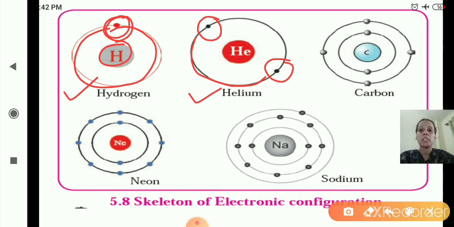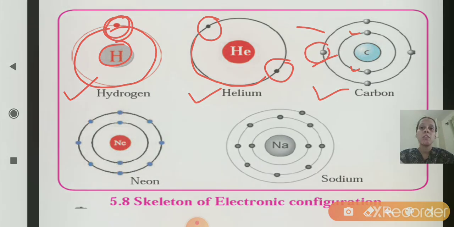Now the next one is carbon. Yes, in the carbon, as you can see here, this is the first shell, this is K shell and the next one is L shell, right? So in the K shell there are 2 electrons, as you can see here. This is 1, this is 1. So these are 2 electrons in K shell and the remaining 4 electrons in L shell.